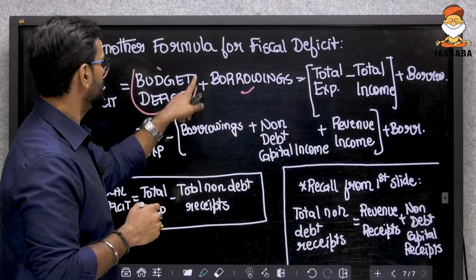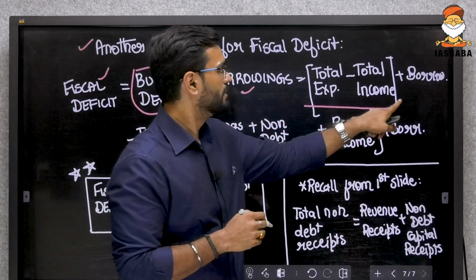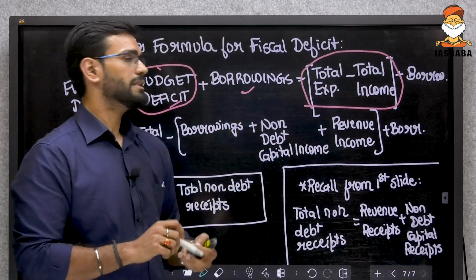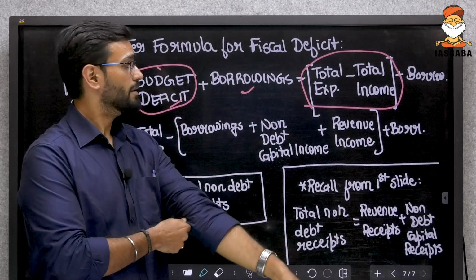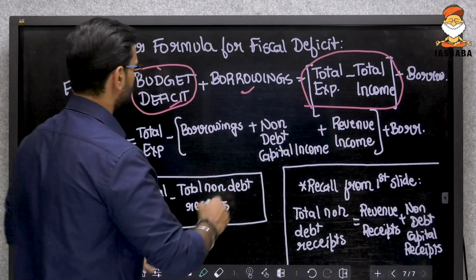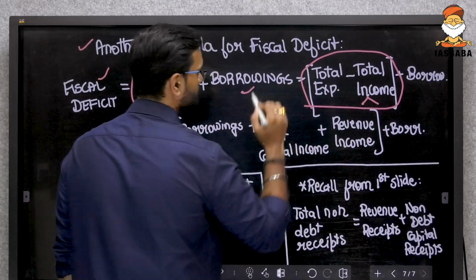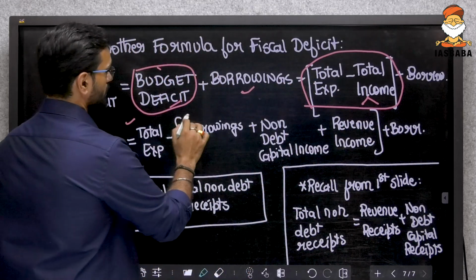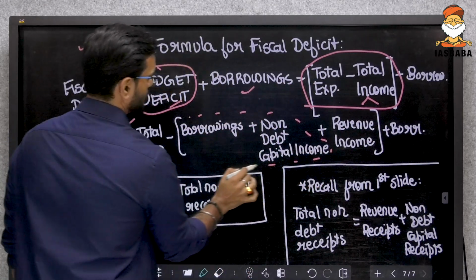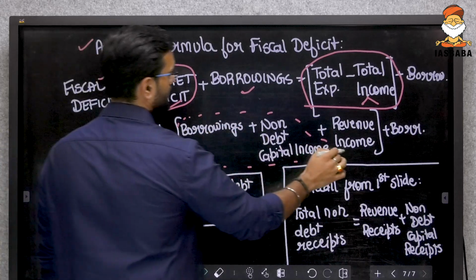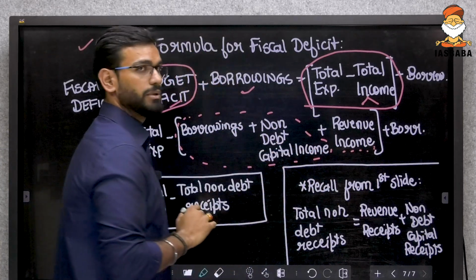Now budget deficit can be opened as total expenditure minus total income. Total expenditure and total income can be split into capital income and revenue income.